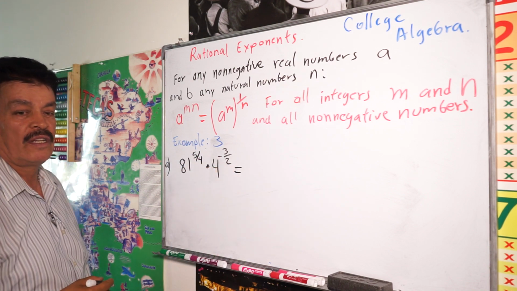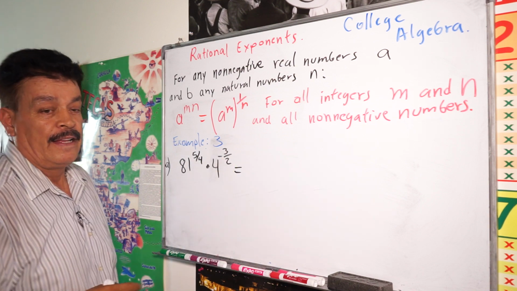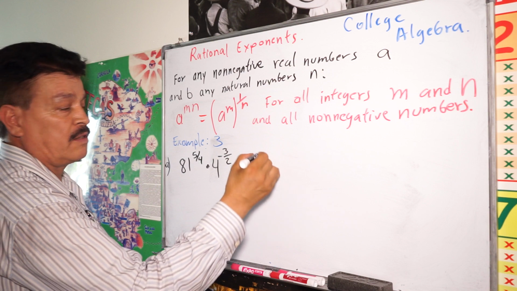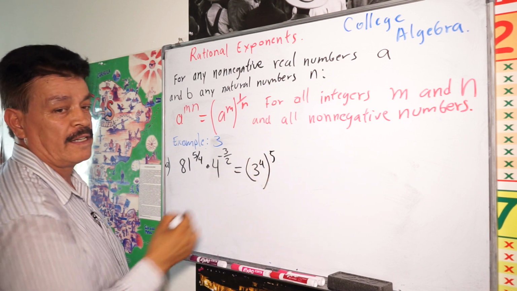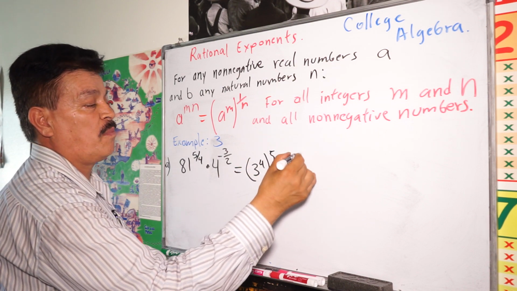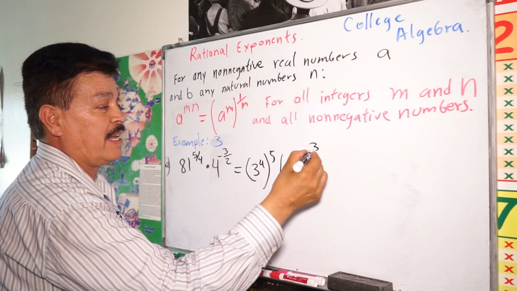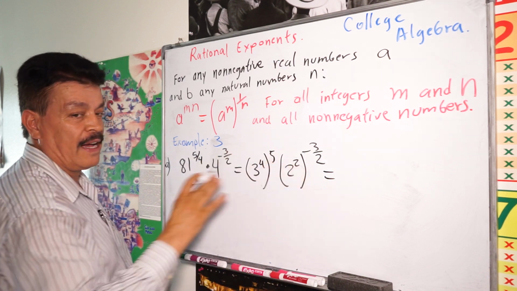So this is going to be 3 to the 4th power, to the 5/4, times 2 to the 2nd power to the negative 3/2. So we simplify.